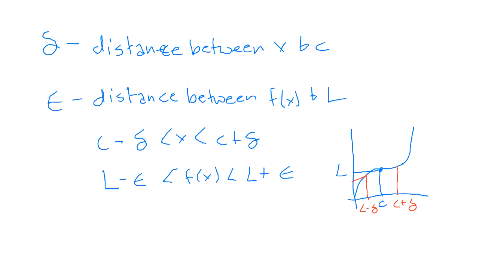So we can think of this one right here as being our L minus epsilon, since epsilon is our distance from L, and then right here is going to be our L plus epsilon.